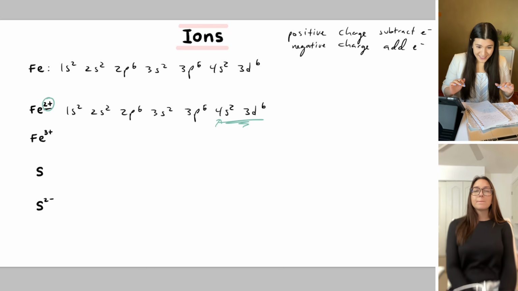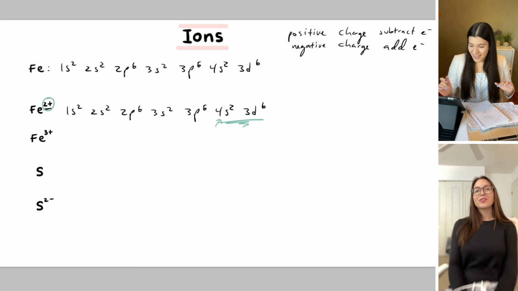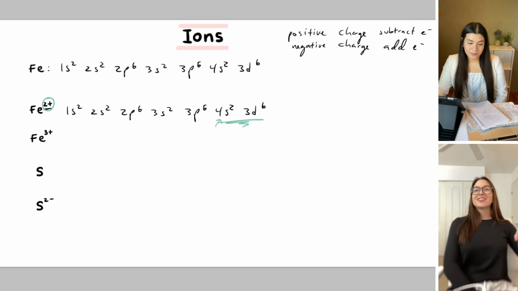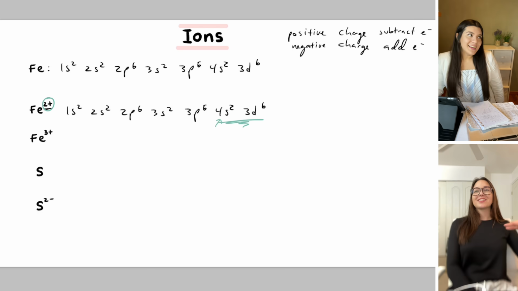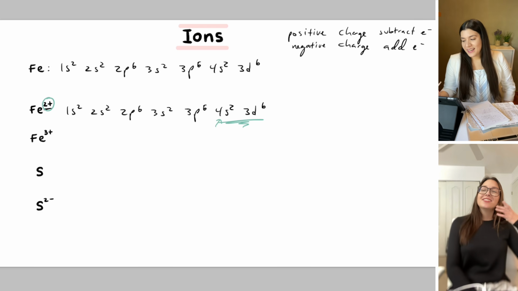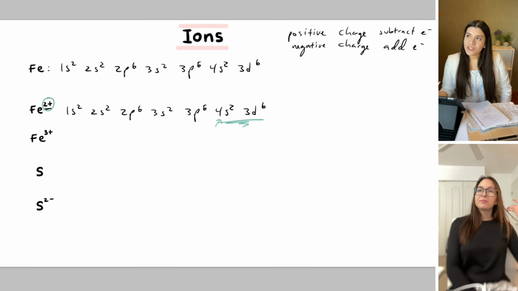Does that make sense? Kind of. I just always thought that like the energy levels went in order based on the number. No? It's based on like the letter? It's more complicated than that. Oh. So I know. It starts off, yes.